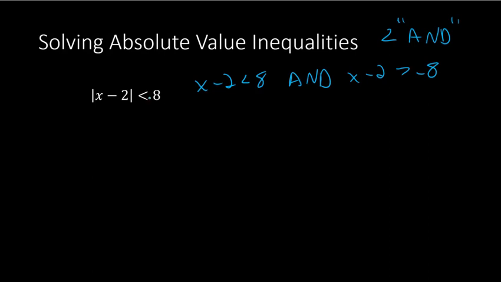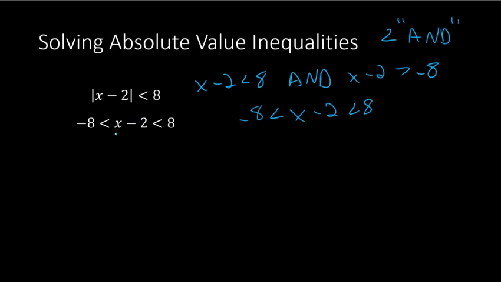So you switch the inequality from less than to greater than, and from positive to negative for the other scenario. We can write it as two different statements, or you can just jump to the fact that x minus 2 is less than 8 and it's greater than negative 8. And we see it typed up right here in this manner.